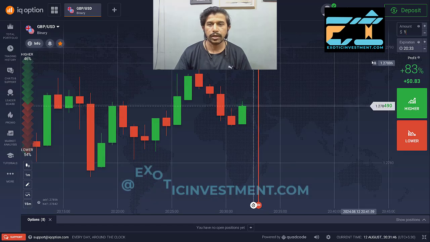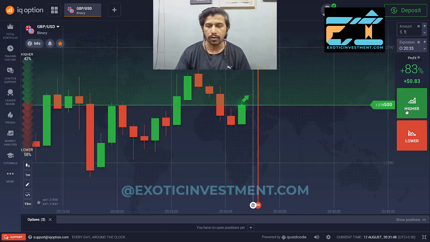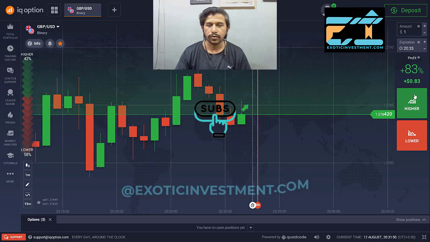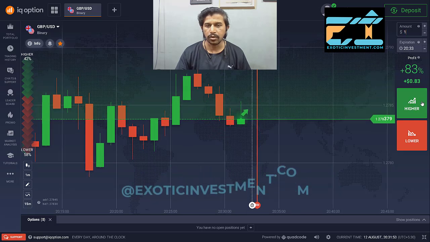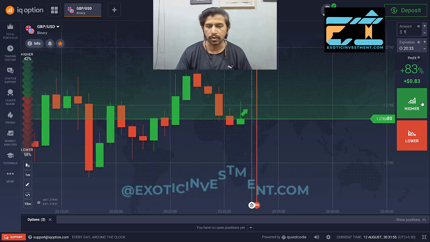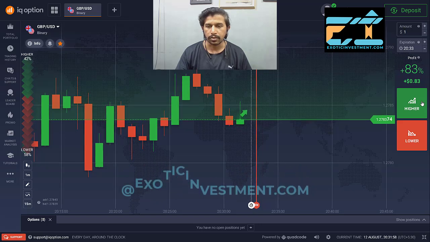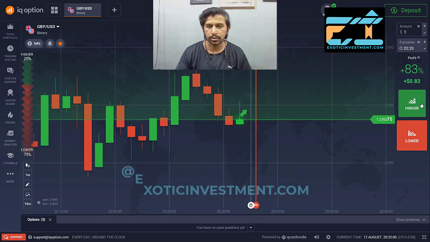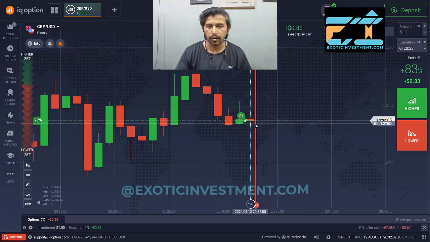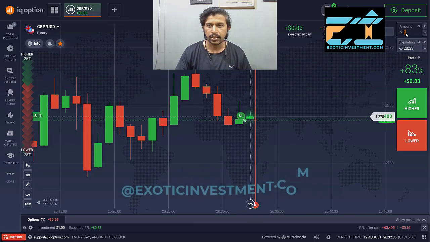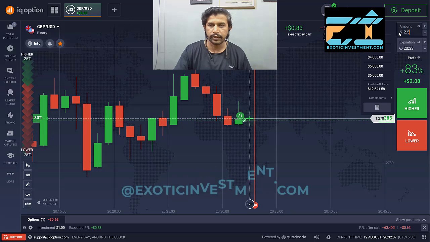If it closes in green, we'll take a call. That's my strategy: for the next 9 candles, we'll take calls if it closes in positive or green. I have taken a call as of now, so my next bet would be 2.5.